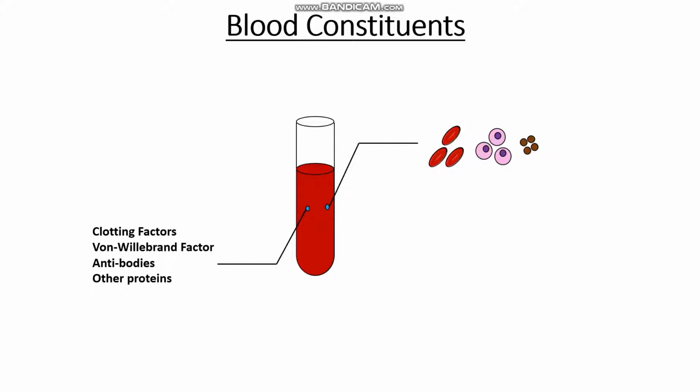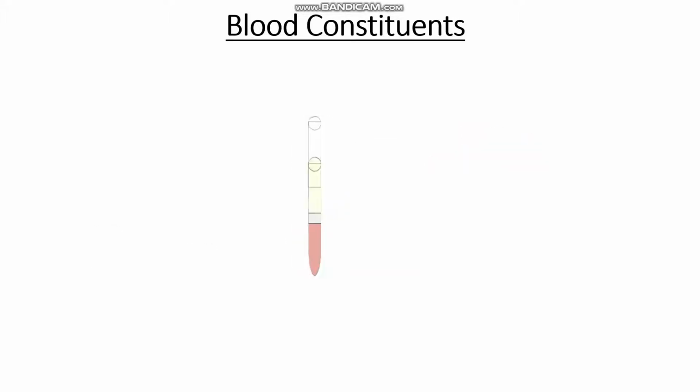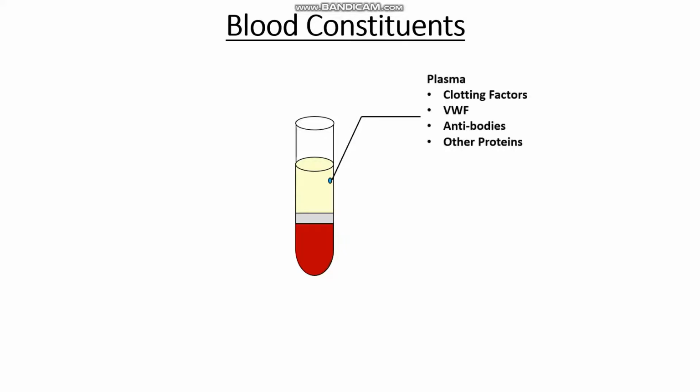And we can actually split up these components by spinning the blood very fast in a process known as centrifuging it. If we centrifuge it, we see that it separates into three distinct layers. On the very top, we have the lightest and the least dense layer, and this is the layer of plasma. In it, like we said, it contains all of our clotting factors, our von Willebrand factor, some antibodies, and some other proteins.